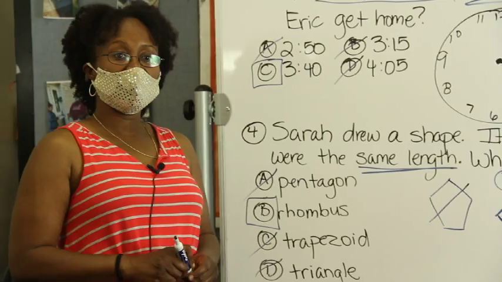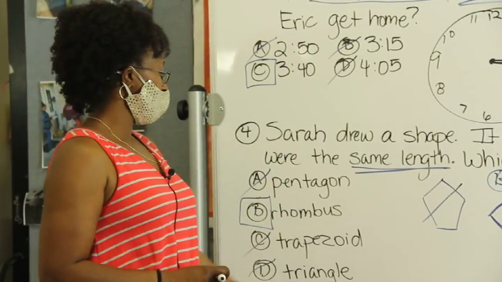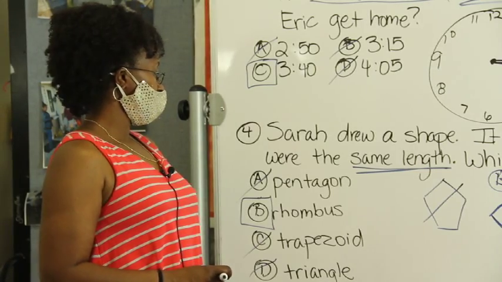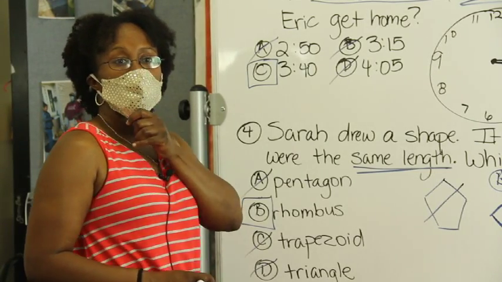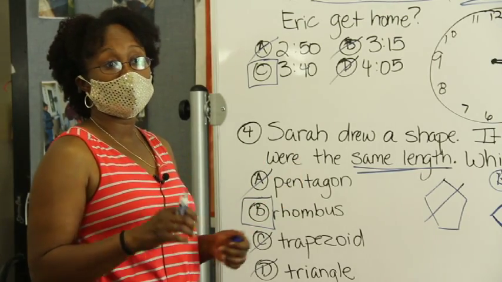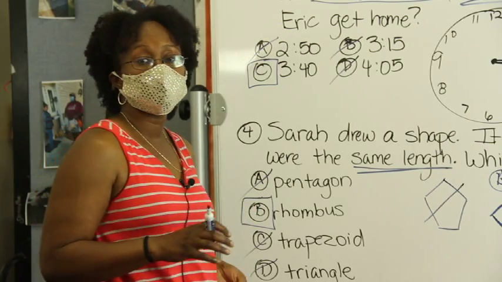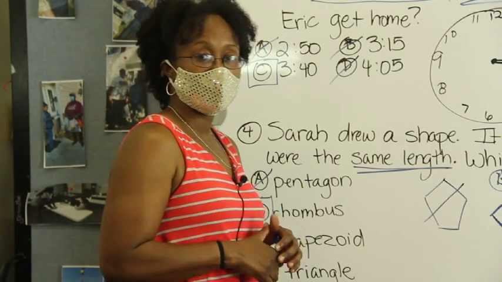If you had any issues with these shapes, knowing the difference between all of them, what penta means, hexagon, octagon, if you're not sure what those things are and what their names mean, then you need to make sure that you go over that.